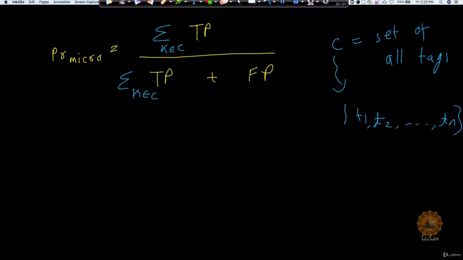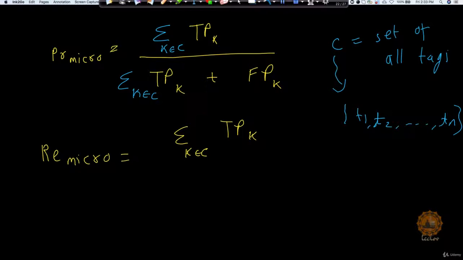I'm going to do a similar thing for recall. For recall micro, I'm going to say the same thing, with k belonging to C, true positive. Let me make it a little more precise, because I'm putting k belonging to C, so I should definitely put a k, since k would be any of these values.